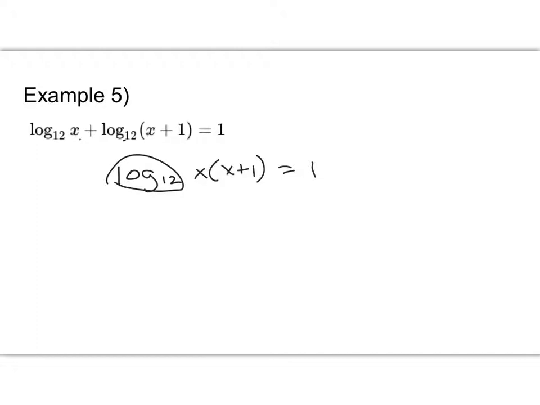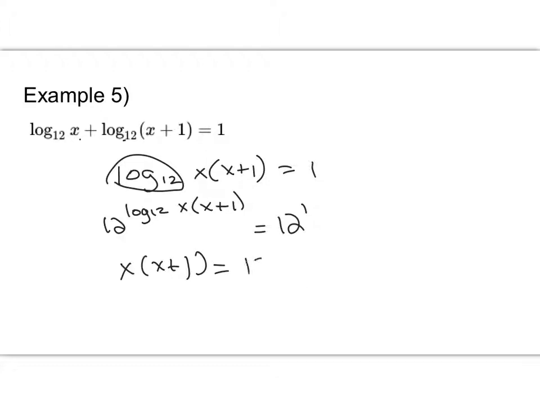And so I'm going to, you guessed it, give both sides an exponential base of 12. And that leaves me with x times x plus 1 equals 12. So x squared plus x minus 12 would equal 0.